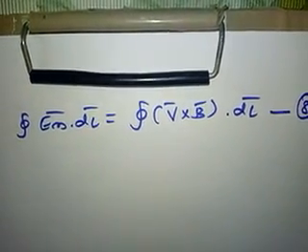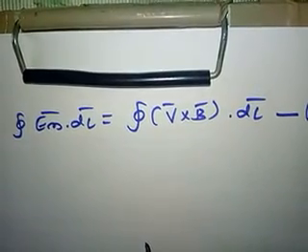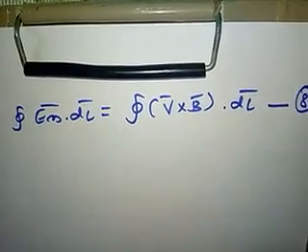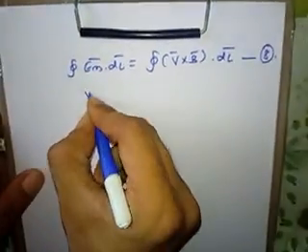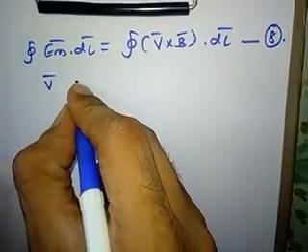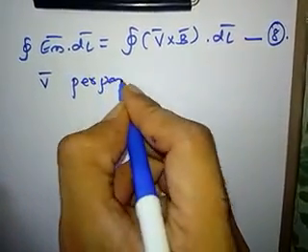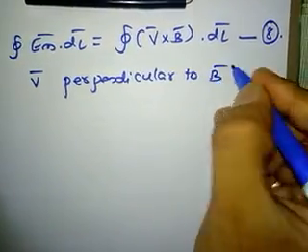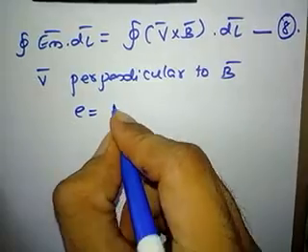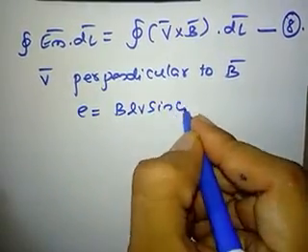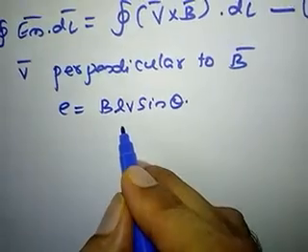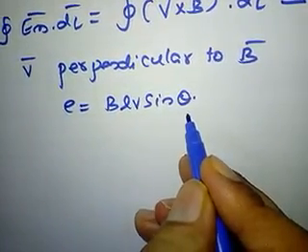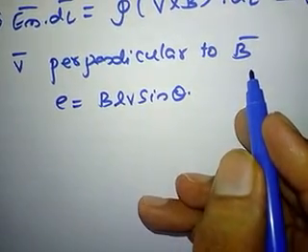There is one more equation that comes into picture here. If the conductor that is moving with velocity V bar is perpendicular to the magnetic field B bar, then the equation is given by E is equal to BLV sin theta, where L is the length of the conductor, V is the velocity, B is the magnetic flux density, and theta is the angle between the conductor and the magnetic flux density.